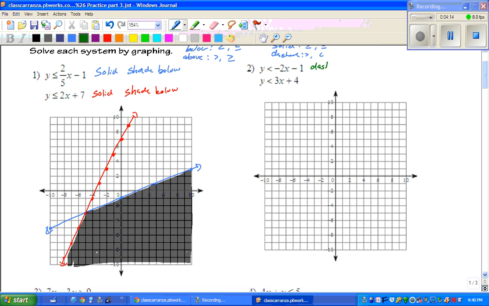This is dashed, and we shade below. So at -1 we start. It's dashed, so I'm going to do an open circle, and we go down 2, over 1, down 2, over 1, down 2, over 1, in both directions.